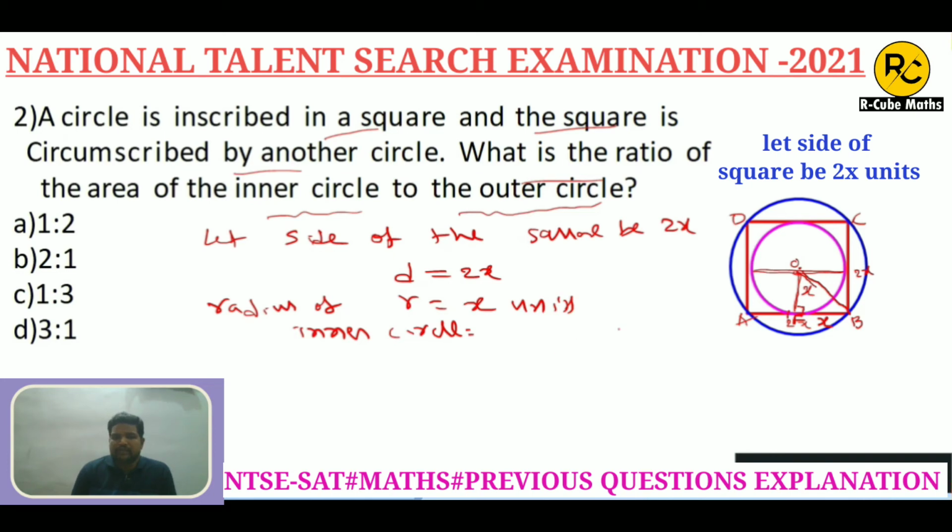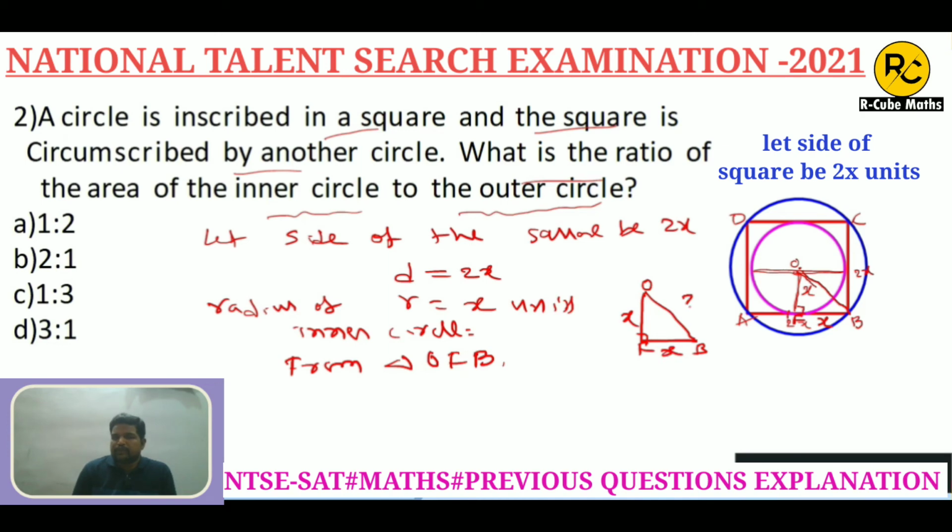Now from triangle OFB, here OF is x units and FB is also x units.